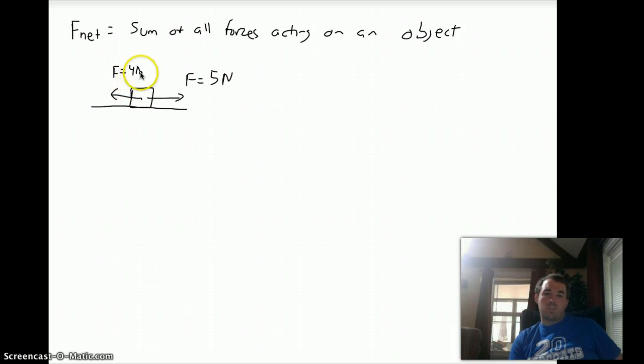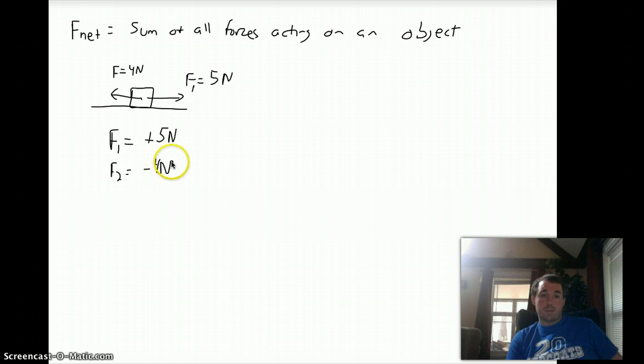They're not as strong. So the net force, the sum of all the forces, well, force requires direction. So we have force 1 of plus 5 newtons. We've got force 2 of minus 4 newtons because it's the opposite direction. So that would be to the left.